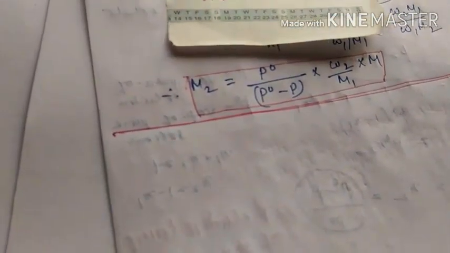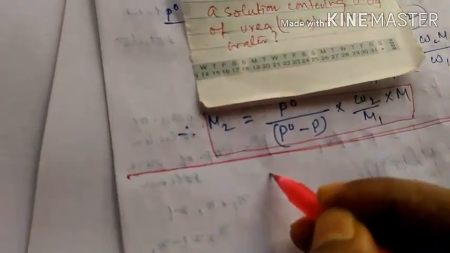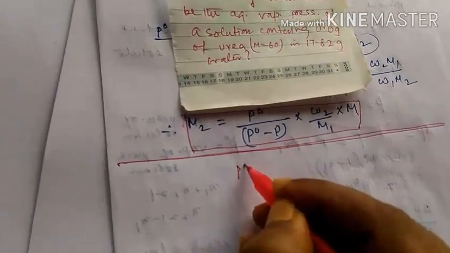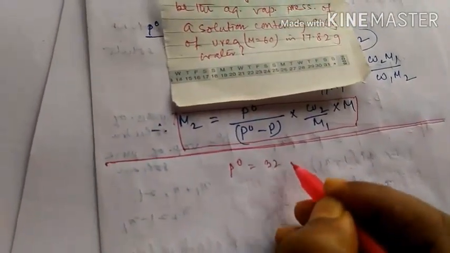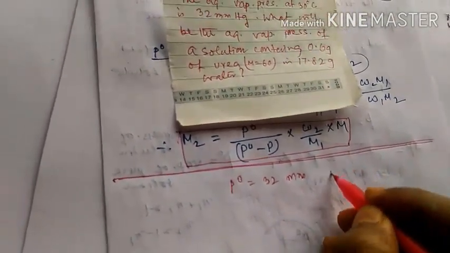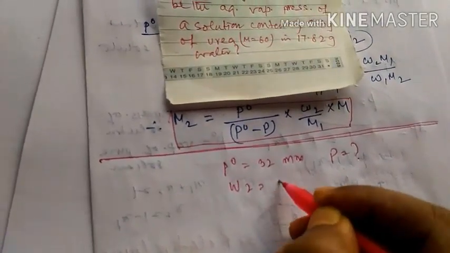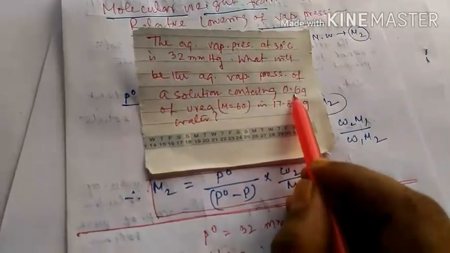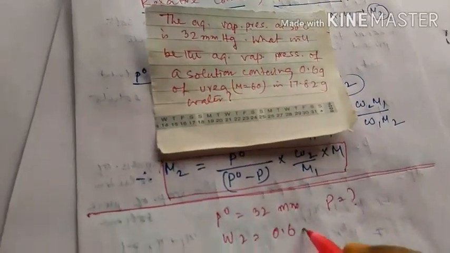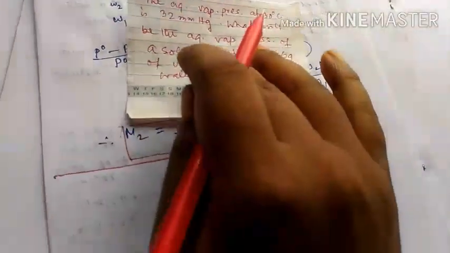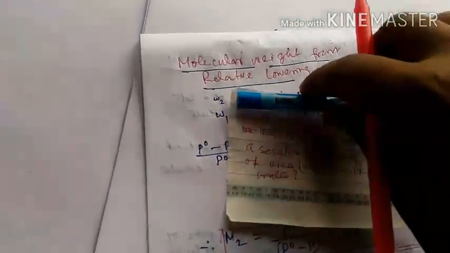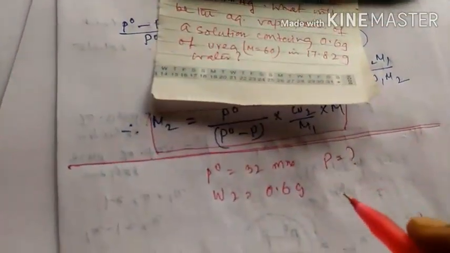According to the sum, P0 is given as 32 millimeter, P we have to find out, and W2 is given as 0.6 gram.